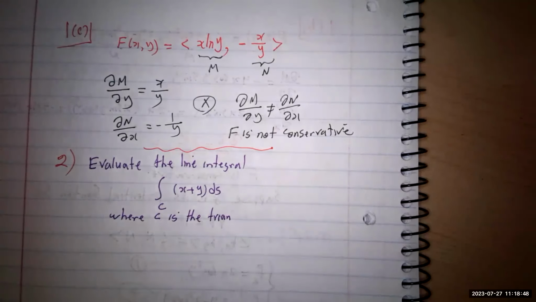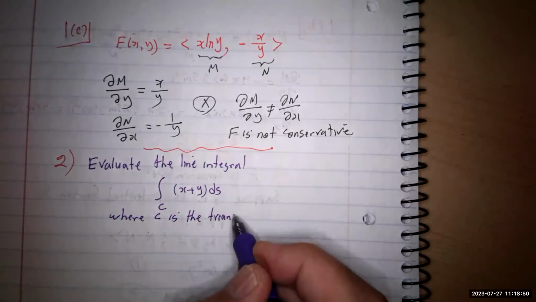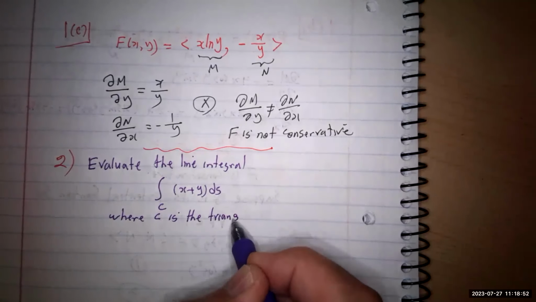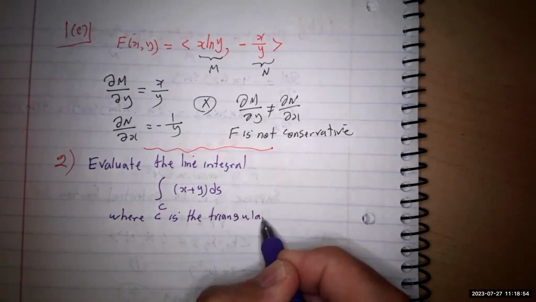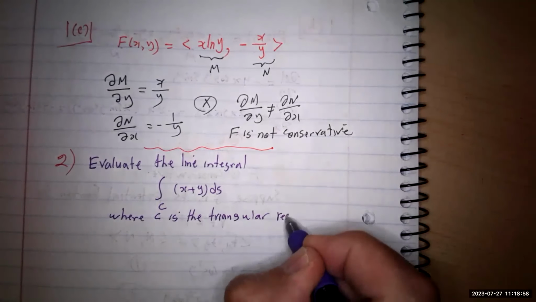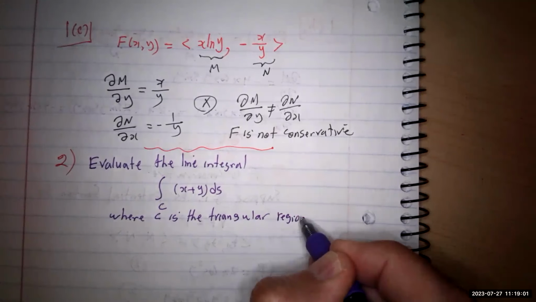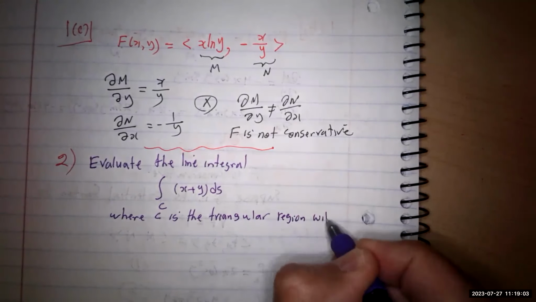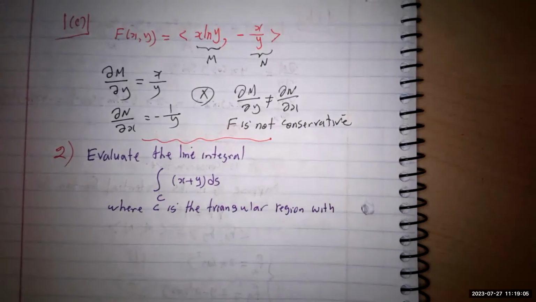It is going to be a triangular region, going around the triangle with the vertices. It may be a square, it may be a circle, or it may be a triangle.